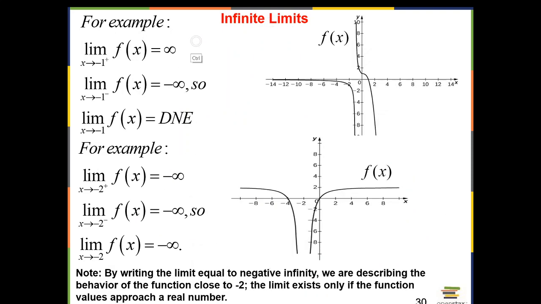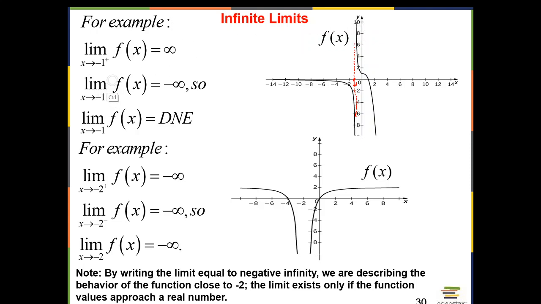Okay, so let's look at some examples. Here, this is actually a -1. So it has a vertical asymptote at -1. You can't see it here, so I can graph it. Notice that when I go to -1 from the right, the function goes to positive infinity.